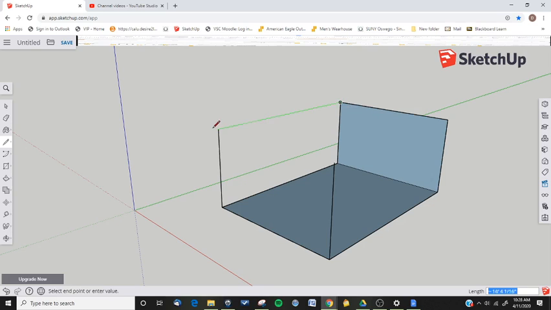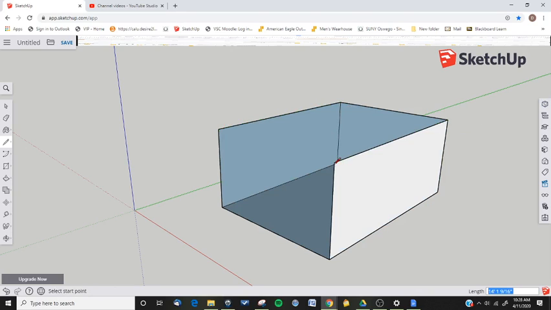If I come from here to here, we get another face. We go from here to here, we get our final face before we close the entire thing in. And finally, if I go from here to here, we are moving to the 3rd dimension, and the reality is that this now is a 3-dimensional object.